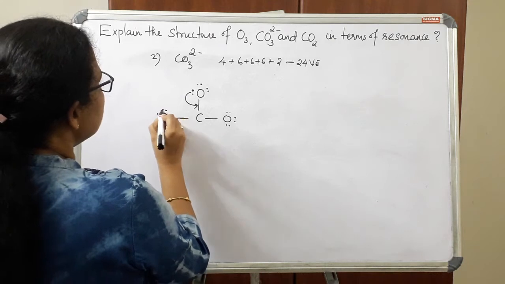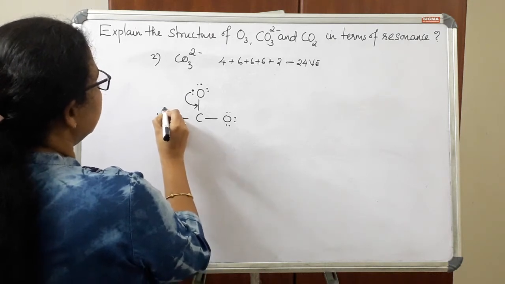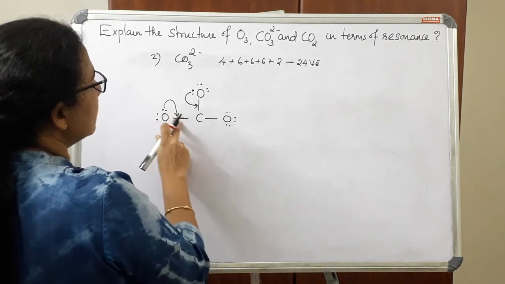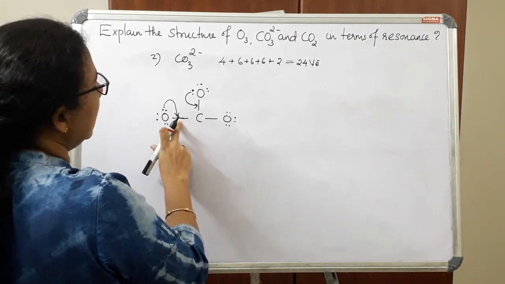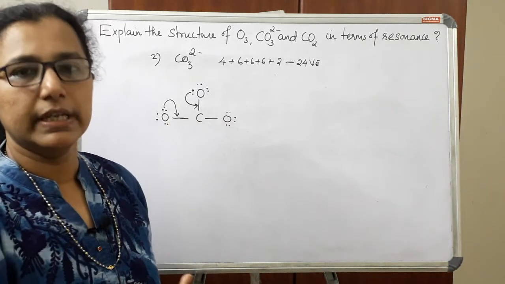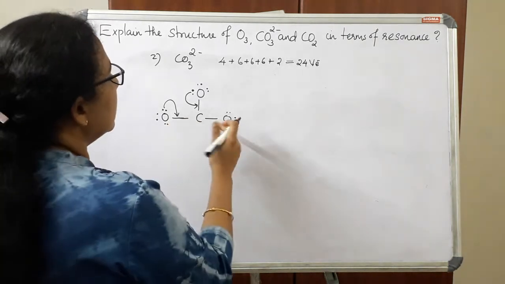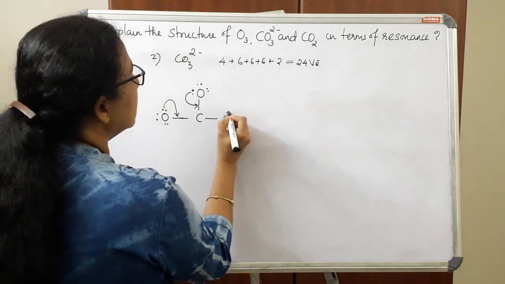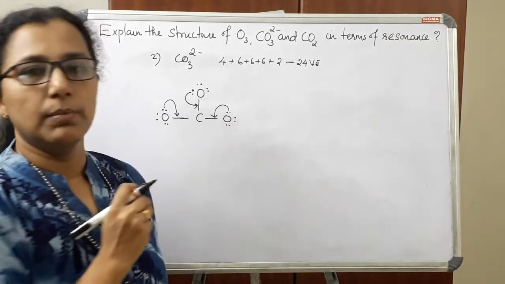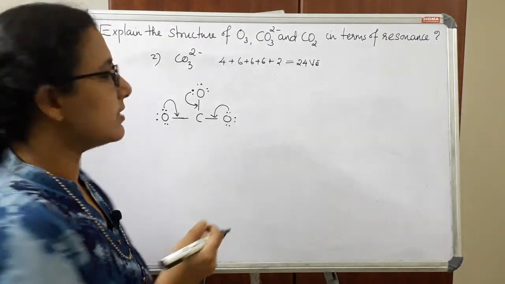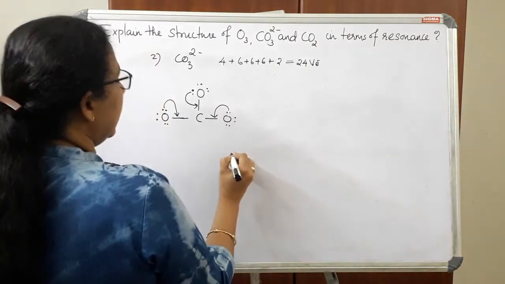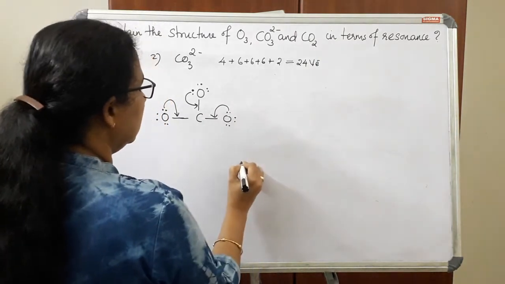Another possibility is that if we shift these electrons towards here, in that case also we will get a double bond, and we will get another Lewis structure. So we can draw 3 carbonate ion structures.